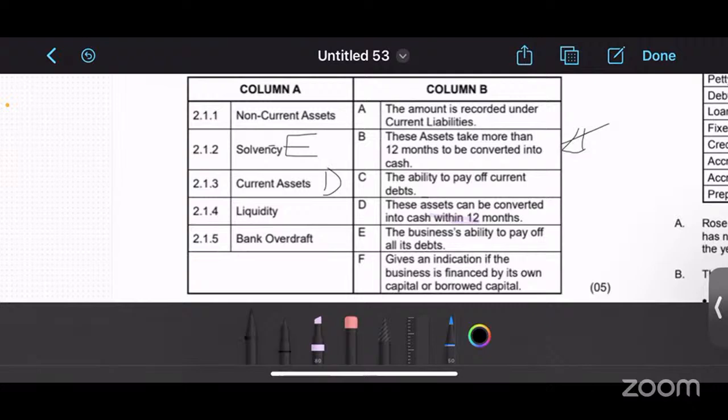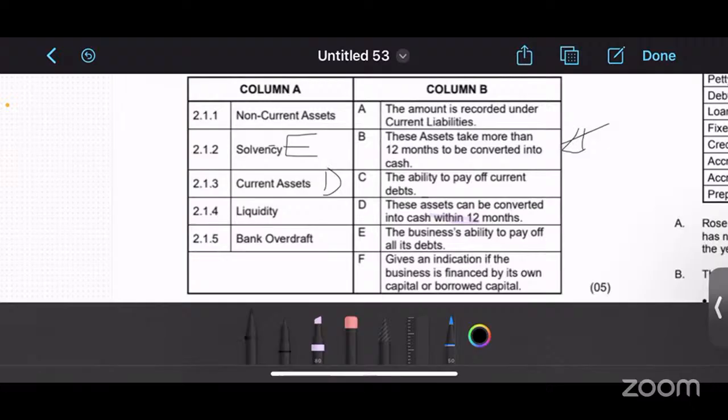Most of the time you hear people saying a company has been liquidated or is in the process of liquidation. That simply means that the business is using its assets to pay off its debt, its current debt. So liquidity has to do with the company being able to pay off its current debt.